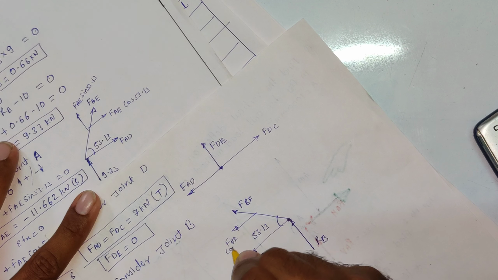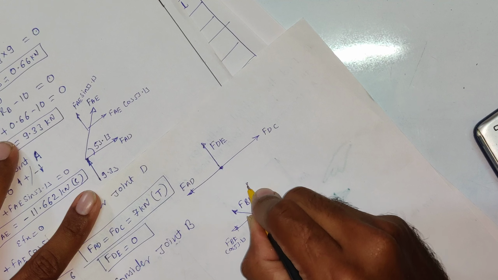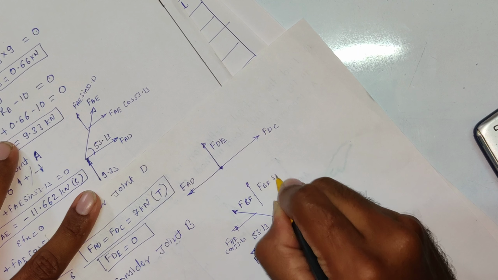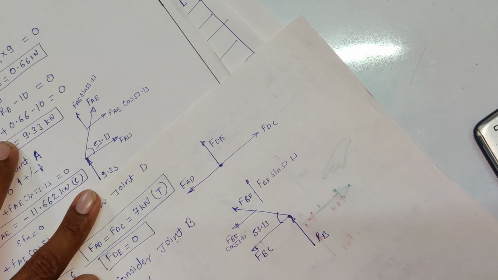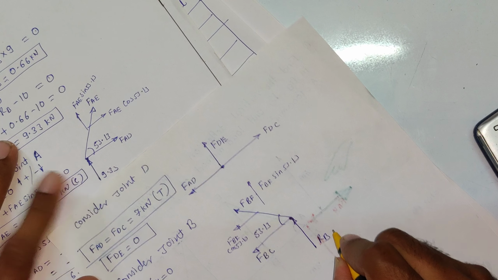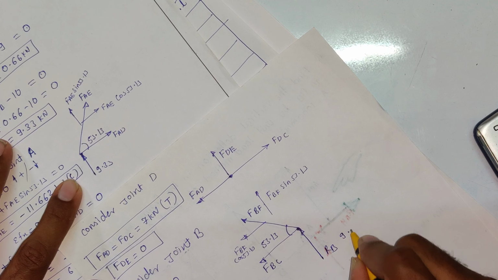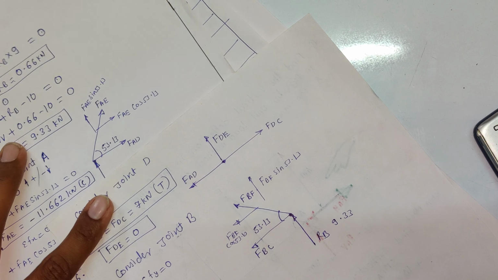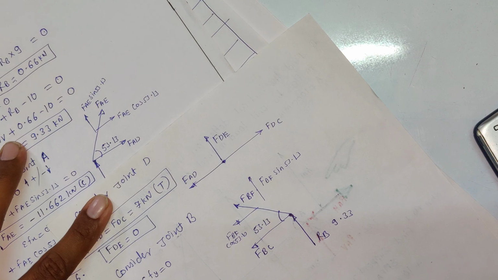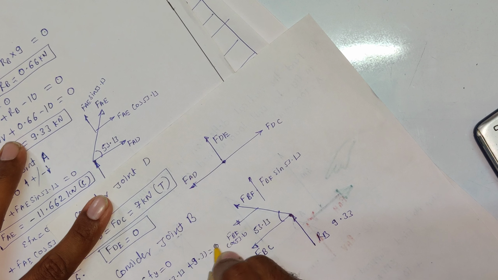FBF cos 53.13, FBF sin 53.13. So summation of Fy is equal to 0. RB is how much? That is 9.33, right? RB is 9.33. Summation of Fy is equal to 0 plus FBF sin 53.13 plus 9.33 is equal to 0.